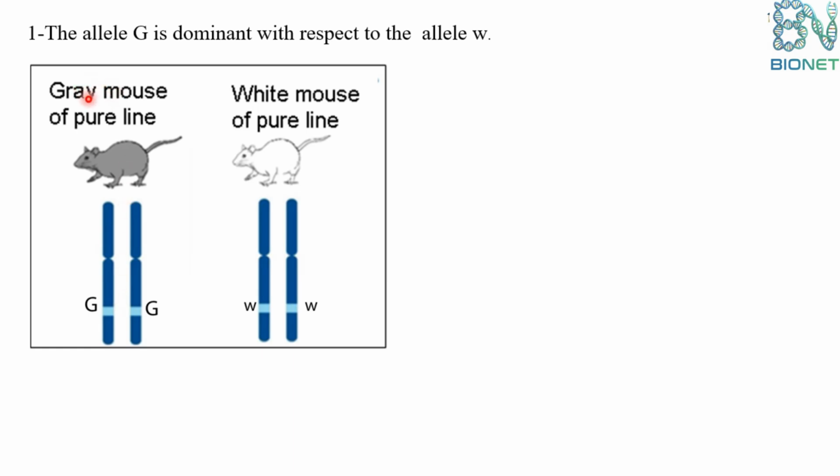In the case of the gray mouse, the two chromosomes carry the allele G. So when the gray mouse gives gametes, each gamete will contain one chromosome of the two. Since the two chromosomes carry the same allele, this gray mouse will produce gametes carrying the allele G only, one type of gametes. Similarly, the gametes produced by the white mouse contain only the white allele.